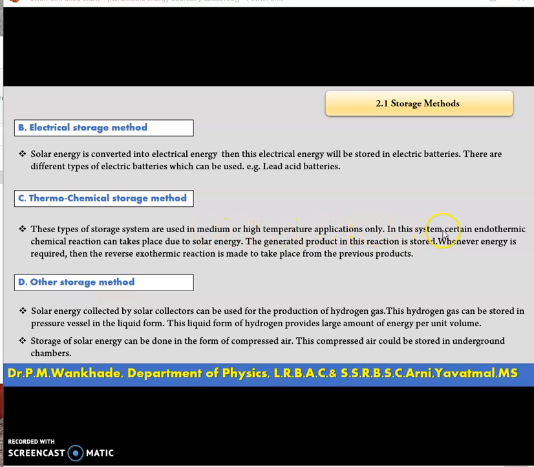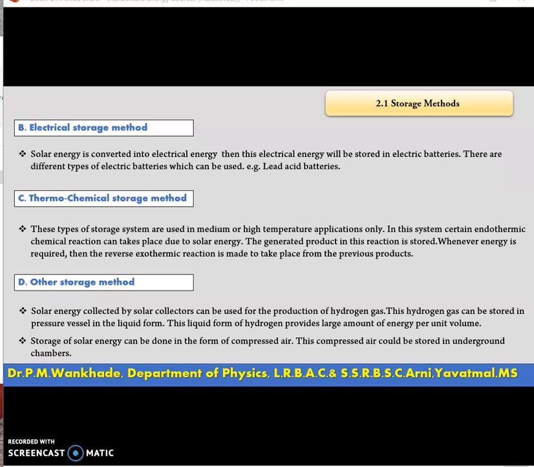In this system, certain endothermic chemical reaction can take place due to solar energy. The product generated in this reaction is stored. Whenever energy is required, then the reverse exothermic reaction is made to take place from the previous product.